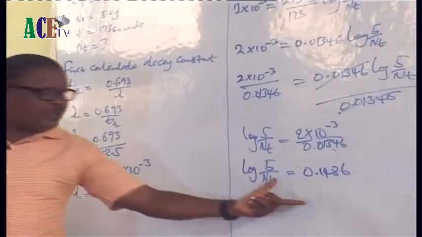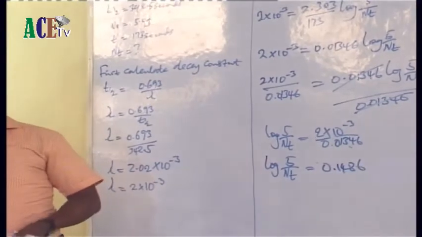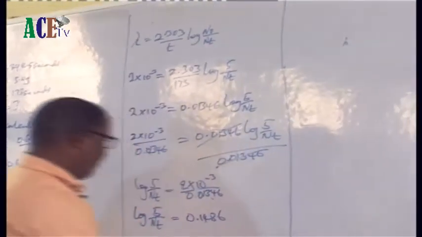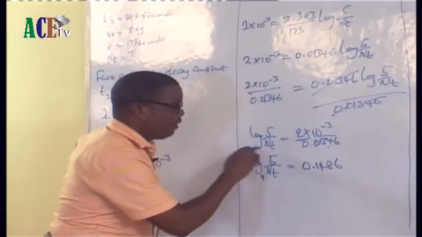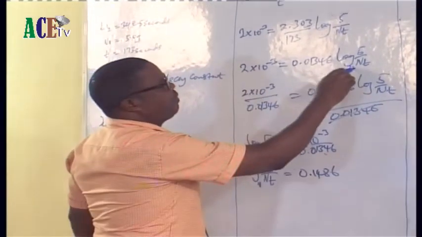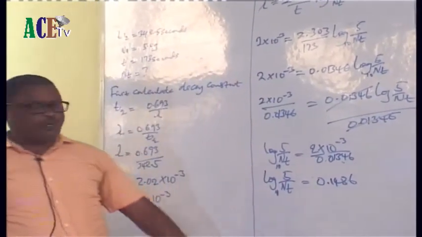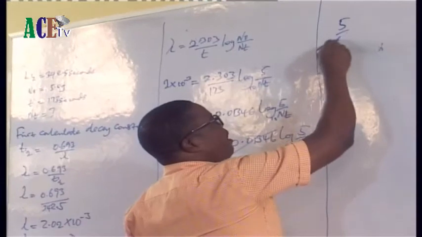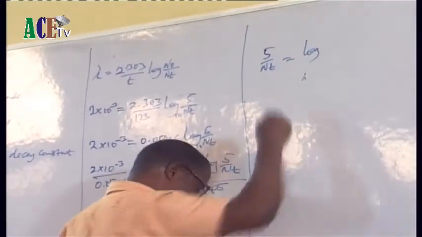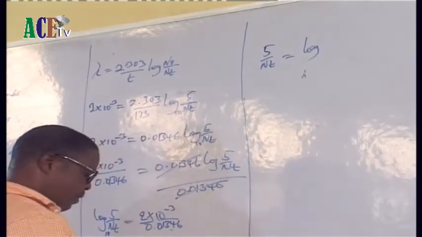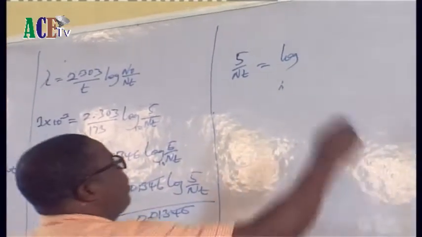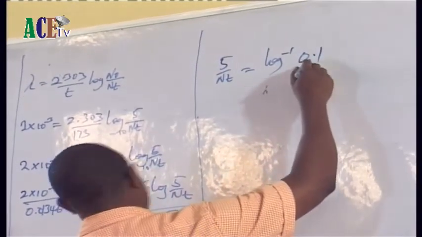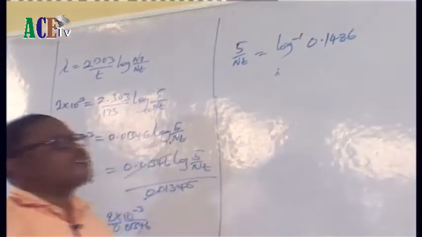Now, mathematically, what do we do here? We take the logarithm of both sides. We take the log to base 10. It's always logarithm to base 10, not the natural logarithm. So we take the logarithm to base 10 of both sides. That means we're having 5 over nt is equal to the antilog of 0.1486.